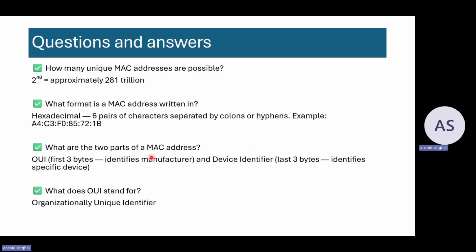So what are the two parts of a MAC address? We had seen previously that every MAC address contains two parts. The first is which company manufactured this network interface card for which this is the MAC address.